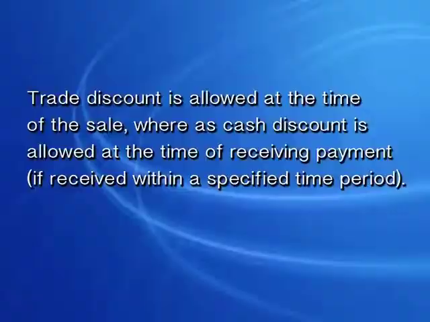Now, based on your understanding, you can identify the major differences between trade discount and cash discount. For example, trade discount is allowed at the time of sale, whereas cash discount is allowed at the time of receiving payment. That is also if payment is received within a specified time period.